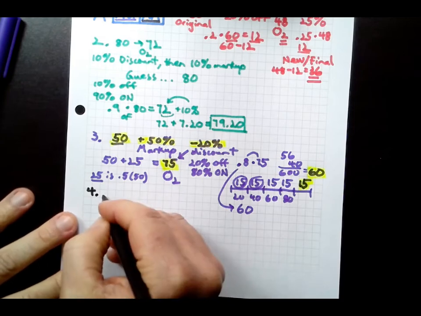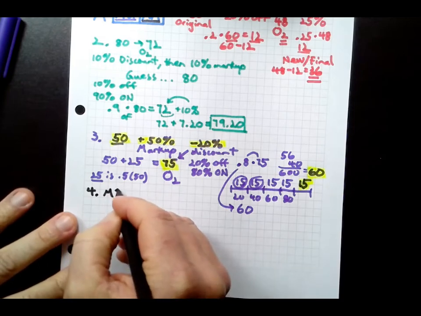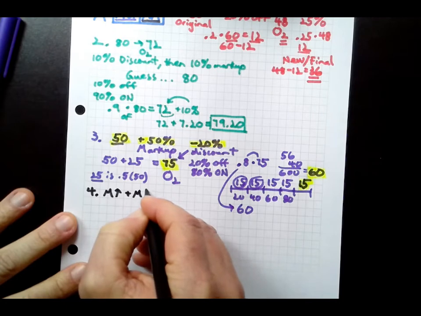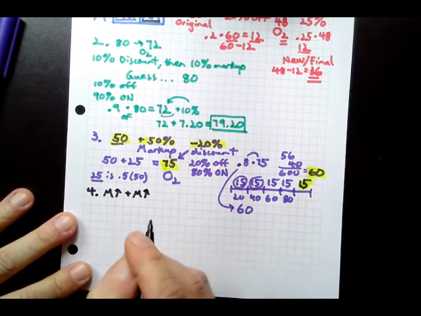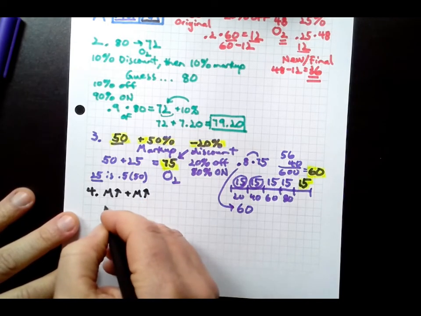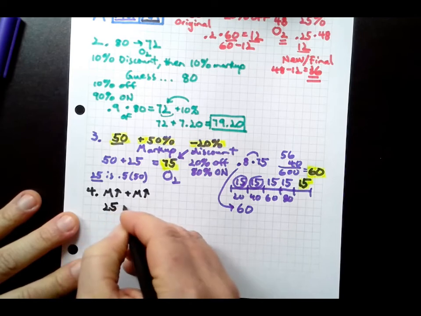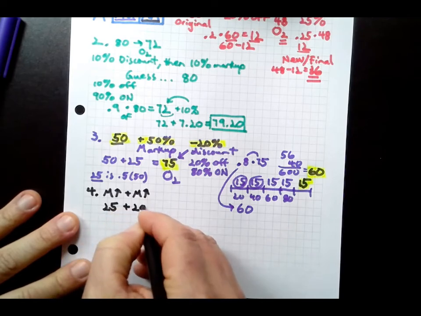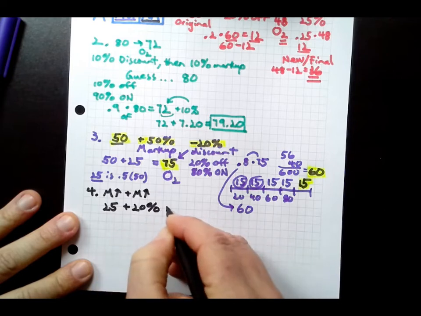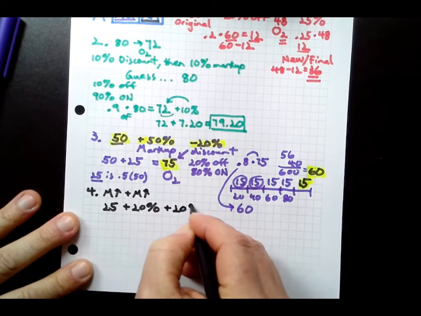Okay, this time we want to do a markup and another markup. So let's do an example. Let's start with a number of 25, and then let's mark it up 20% and mark it up another 20%.